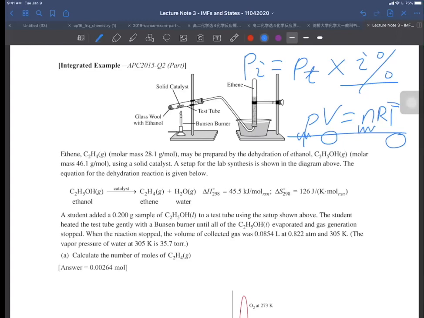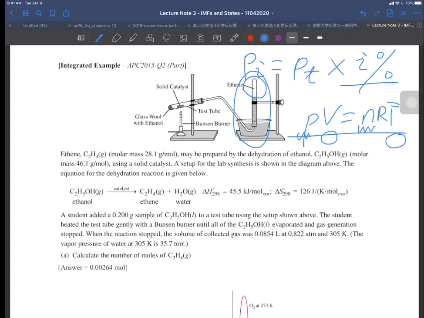So the application of the partial pressure in chemistry is mainly related to the water displacement method to collect a gas. Basically, we bubble the gas into an upside down test tube or container filled with water, and then the bubbles will displace the water, and finally you collect the gas at the top, because the gas definitely has a much lower density than the water, so it will go up, right?